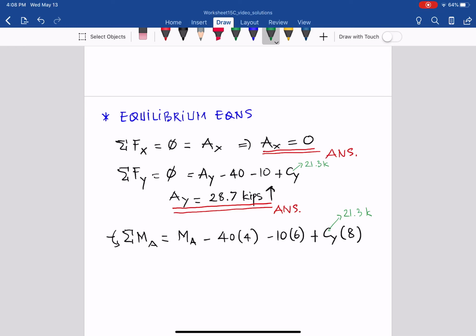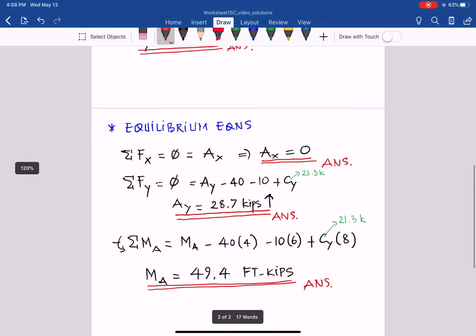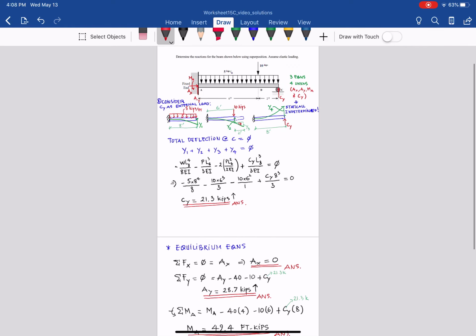So from that we have MA equal to 49.4 foot-kips. And that's what we did for this problem.